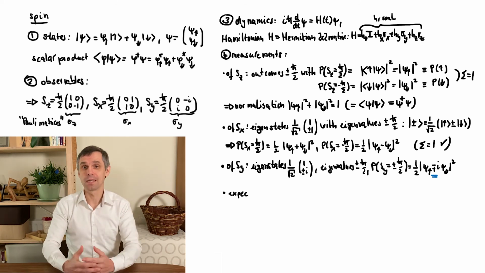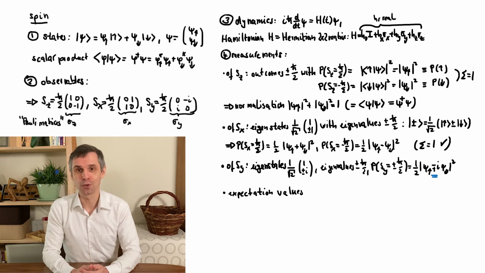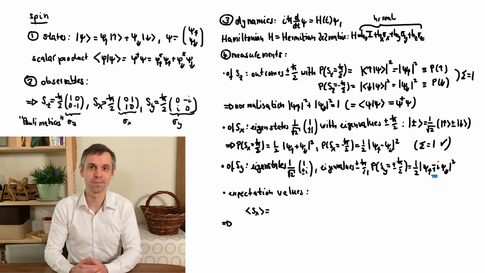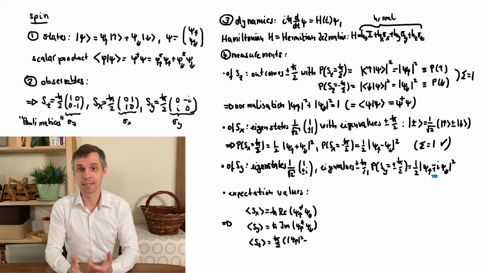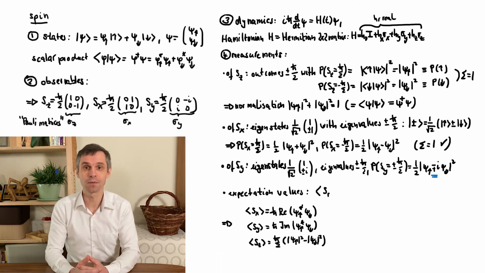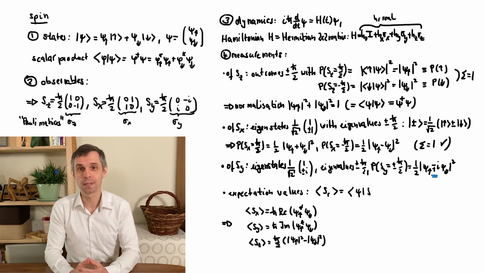Finally, we can work out some general compact expressions for the corresponding expectation values. For the z component, that's quite easy to remember, but for Sx and Sy, I would probably start just from the shortcut, where you multiply the 2 by 2 matrix from the left and the right by a row and a column vector.